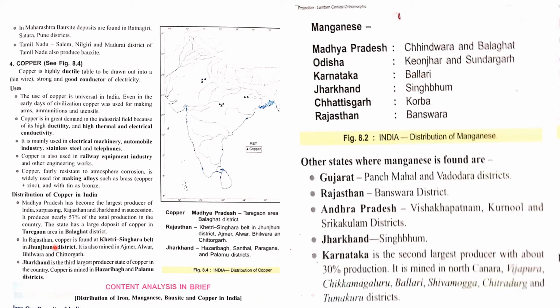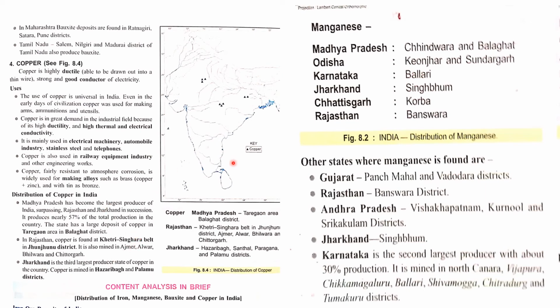In Rajasthan, copper is found in the Khetri, Singhana belt and Jhunjhunu district. It is also mined in Ajmer, Alwar, Bhilwara and Chittorgarh. Jharkhand is the third largest producer state of copper in the country. Copper is mined in Hazaribagh and Palamu district.